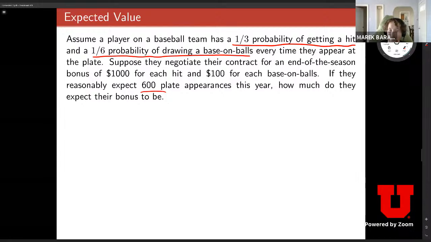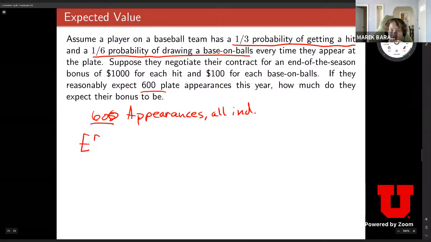So we have 600 appearances, and they're all independent. So we can treat this as summing up the expectation of our Bernoulli trials. So we can just calculate what the expected value is from one appearance at the bat.